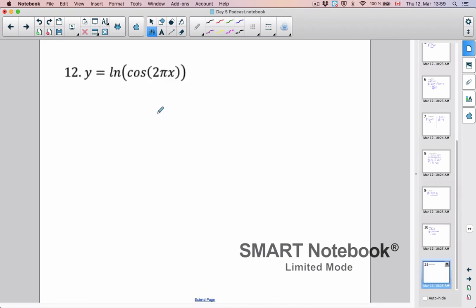Okay, next we have actually a function inside of a function inside of a function. So we're going to use chain rule twice. The outermost function is ln, so the derivative of that is 1 over whatever is inside the ln brackets, times the derivative of that, which is negative sine, times the derivative of what's inside the brackets here, which is 2 pi.